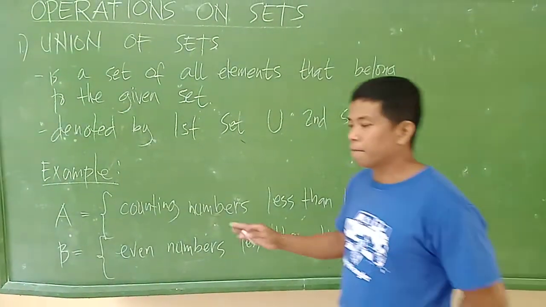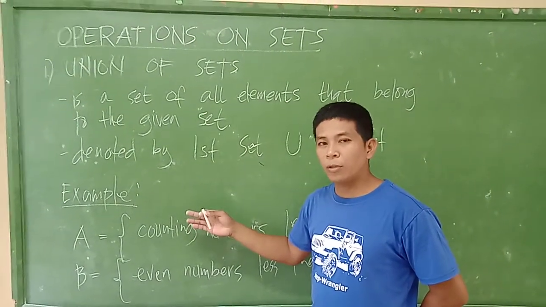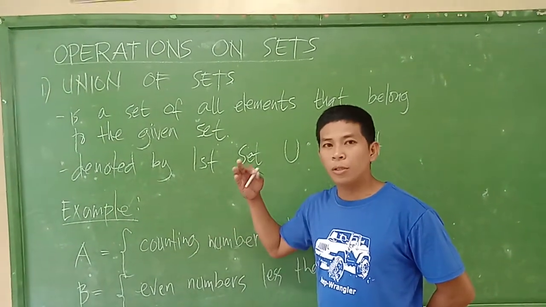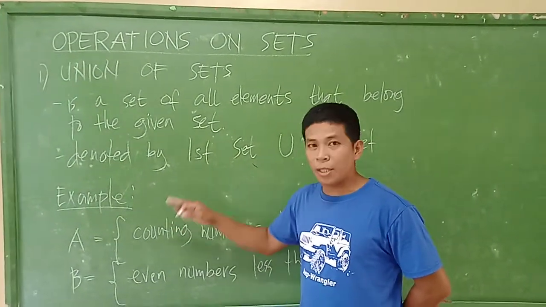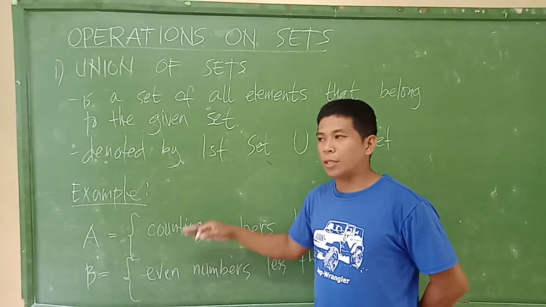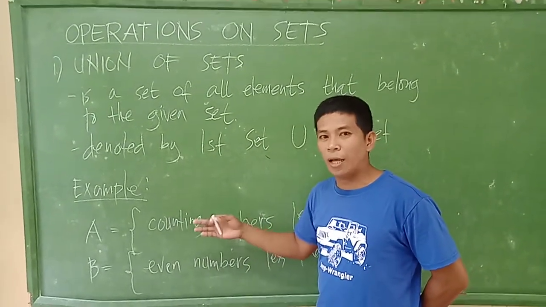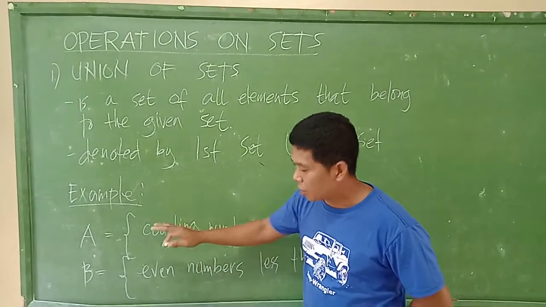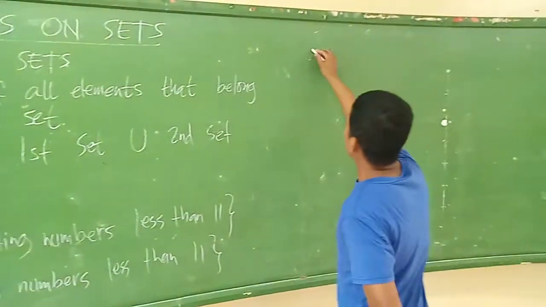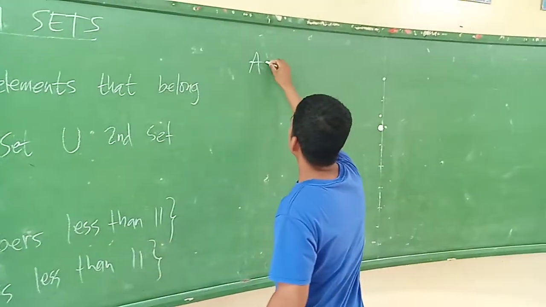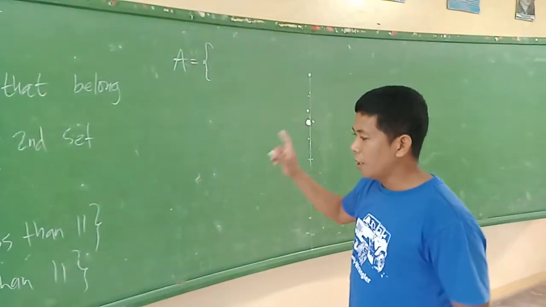First, in writing the sets, we are going to use the roster method or the listing method. We list all the elements in set A and in set B. Second, we are going to illustrate with a Venn diagram. Let us first go to the roster method. In the roster method, set A is equal to the counting numbers less than 11.